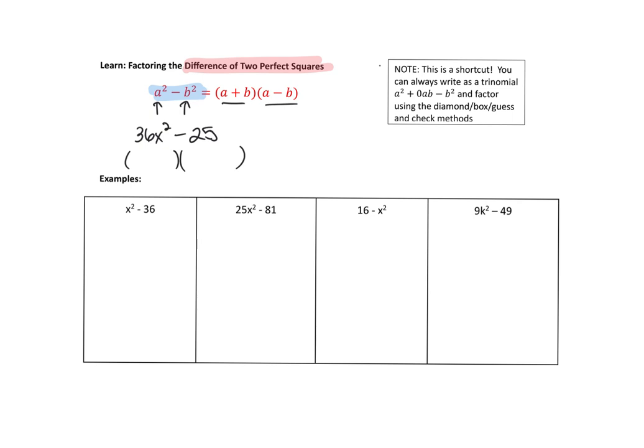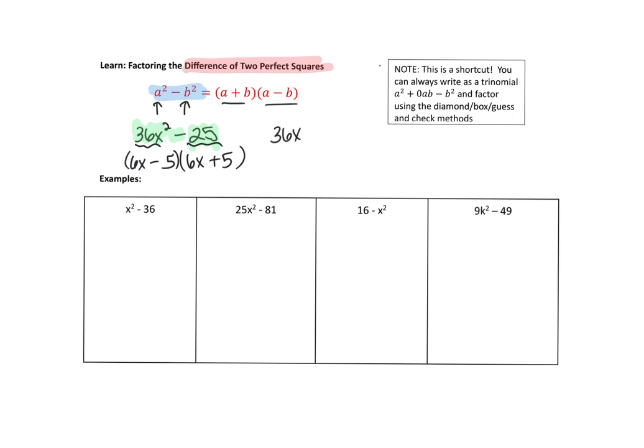So first thing I always check for is, hey, are these both perfect squares? Well, 36x squared is a perfect square, and so is 25, and then it is the difference of them. So if I was going to factor it, all I do is take the square root. Square root of 36x squared is 6x, so I put 6x and 6x. Square root of 25 is 5, so it's 5 and 5, and then it's a minus 5 and a plus 5, and the reason for that is because there is no middle term.